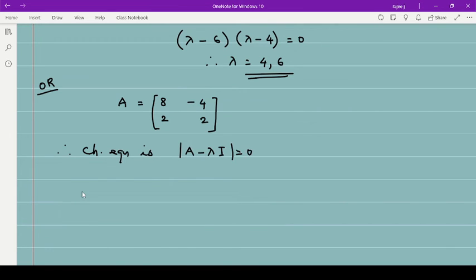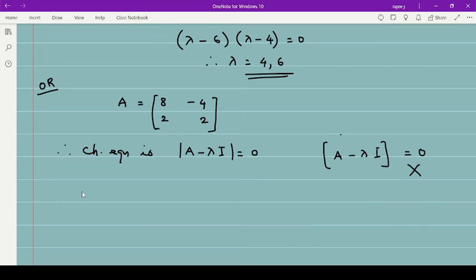What happens in exams? Students normally write the determinant like this, A minus lambda I, but instead of the determinant they write the matrix equal to 0. This is wrong.